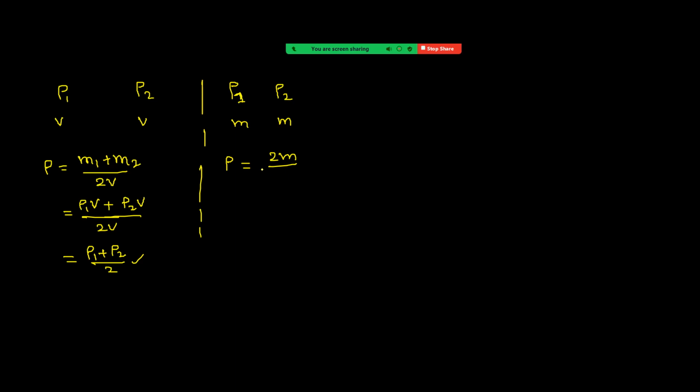Volume of the first liquid is mass by density, m by rho 1. In the same way, volume of the second liquid is m by rho 2. So m gets cancelled. The remaining is 2 rho 1 rho 2 upon (rho 1 plus rho 2).